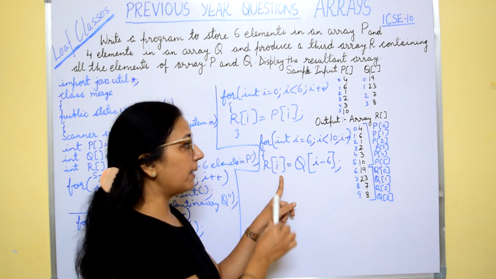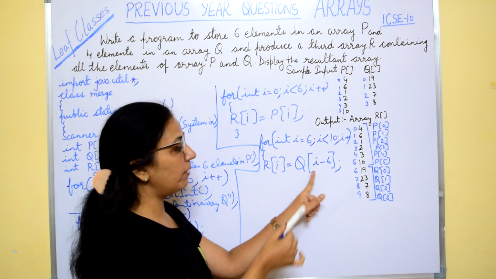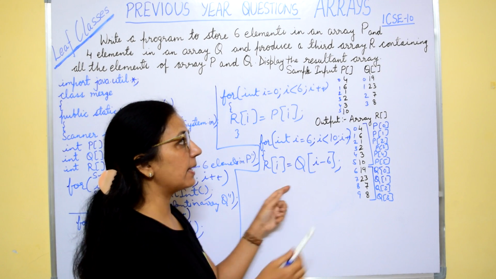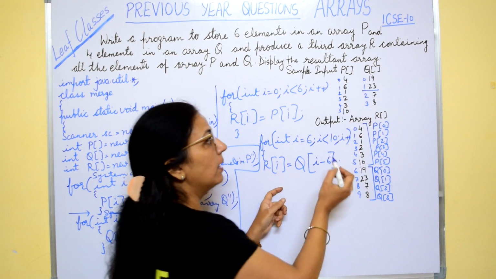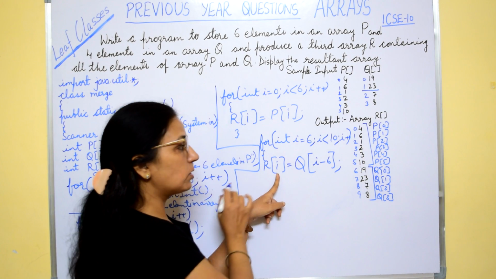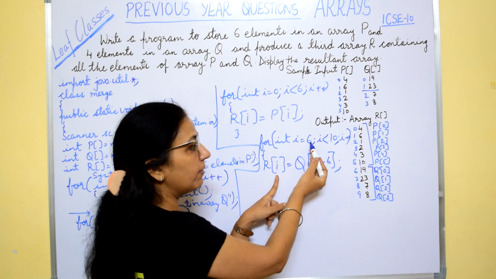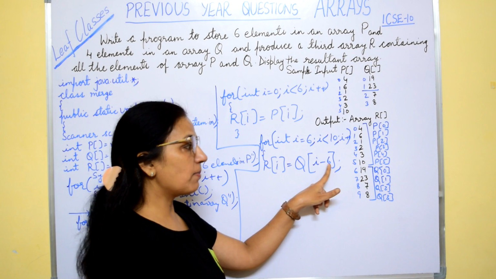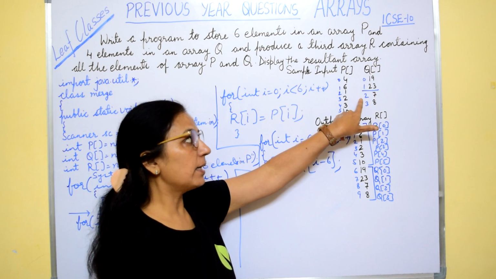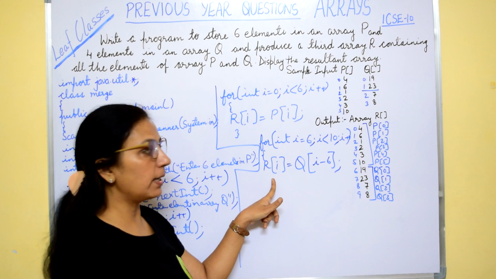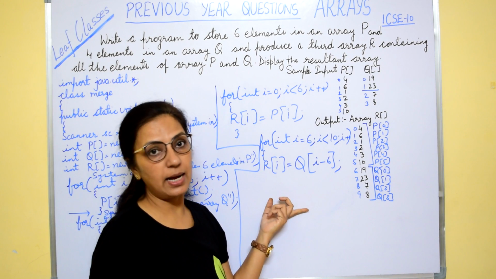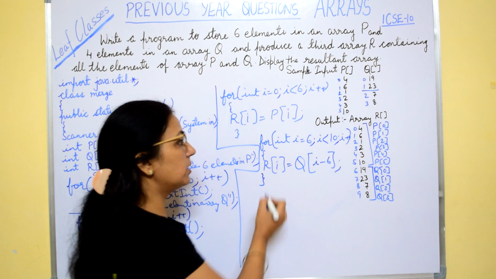Then when i becomes 7, R7 will be 7 minus 6, that is Q1. So the Q1 value will be stored in R7. Then when it becomes 8, 8 minus 6, the second subscript value will be stored in R8, similarly in R9. Like this it will be stored.